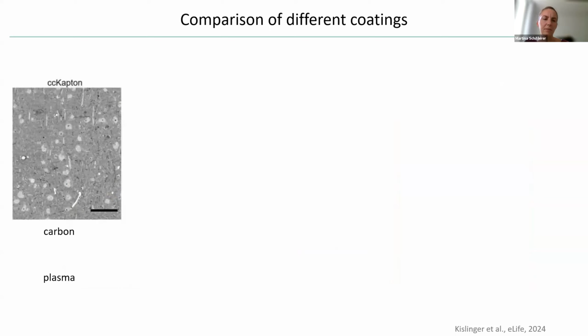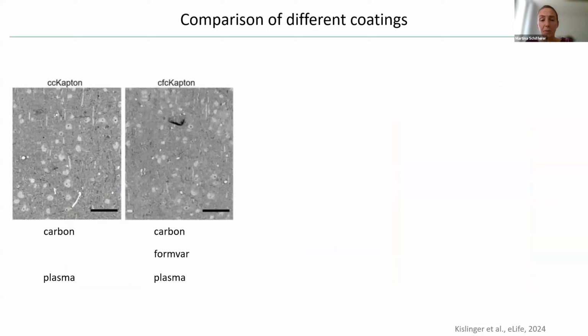This is normal carbon coated and plasma treated Kapton tape, which is our reference. The section is not removable from the tape. This one is with Formvar coating, something we tried before the marker pen, but you see there are some charging problems, and the coating was not really homogeneous.